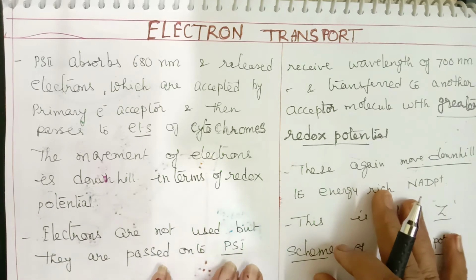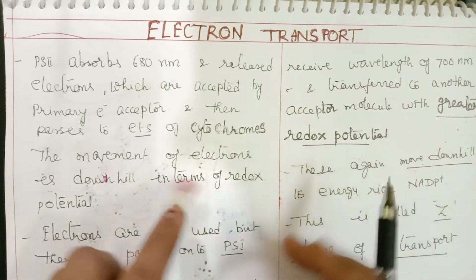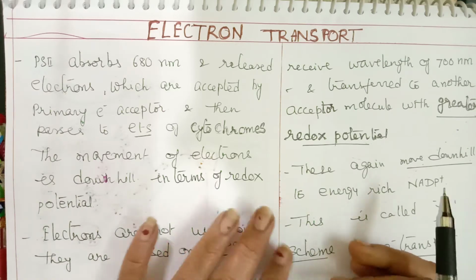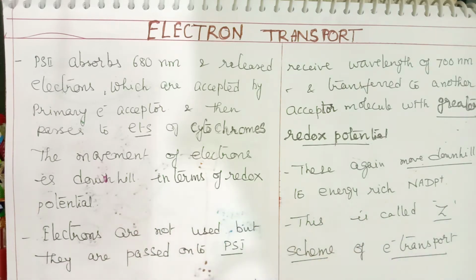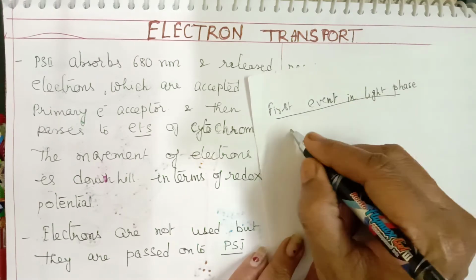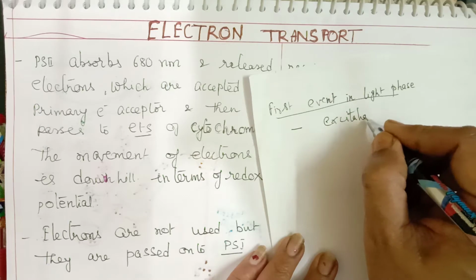So now let us come back to the topic. Electron transport. What is its requirement? What is electron transport? The first event in the light phase is always excitation of chlorophyll molecule.